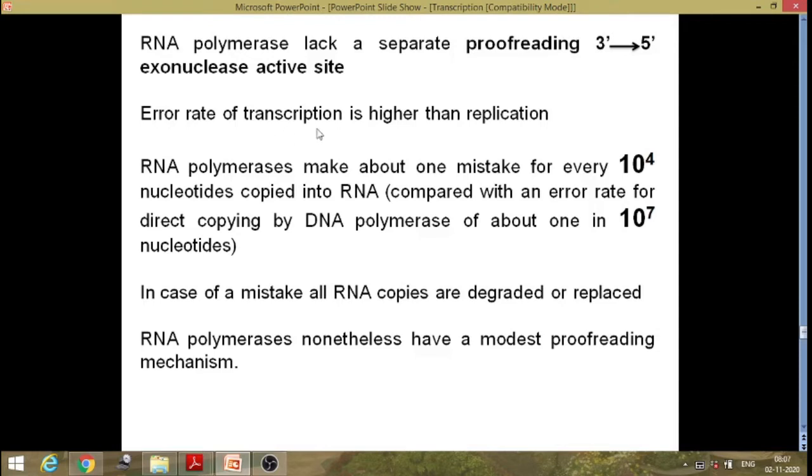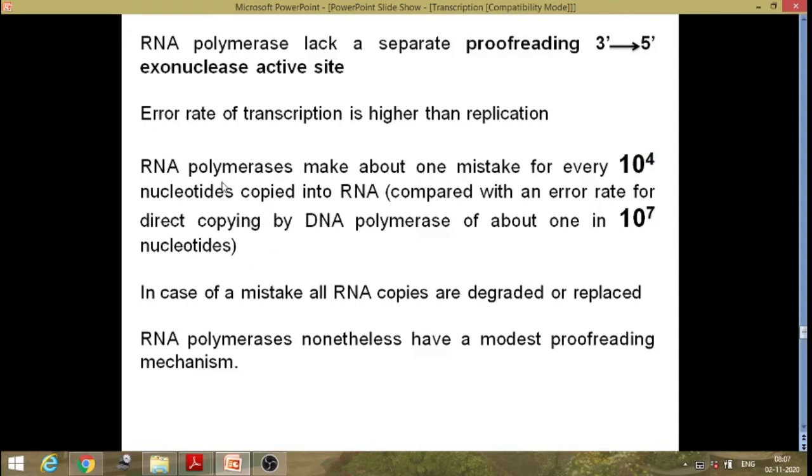So the error rate of transcription is higher than replication. So the RNA polymerase make about one mistake in every 10^4 nucleotides copied into RNA, compared with the error rate for direct copying by DNA polymerase of about 1 in 10^7 nucleotides.